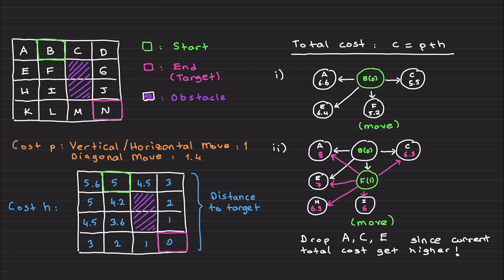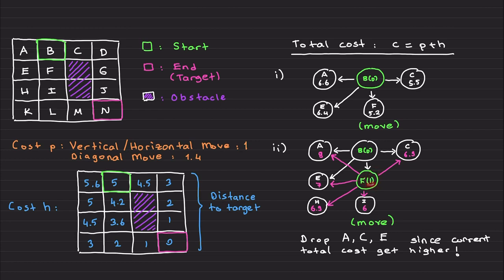Let's calculate my cost in moving to H. Moving from F to H is a diagonal move, 1.4, and the heuristic of H is 4.5. So 1.4 plus 4.5 is 5.9. But I wrote 6.9 here because I am now also including my current cost. I am writing the total cost here.